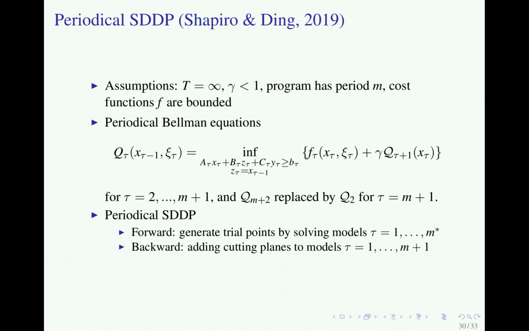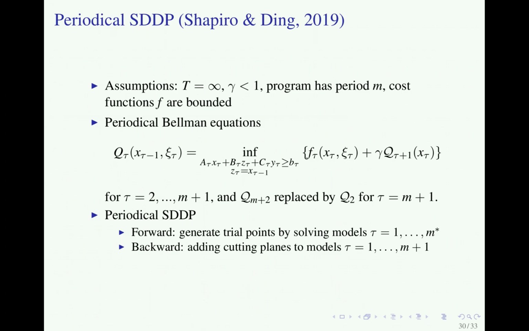For periodical SDDP, we still use the standard four-step procedure to solve the problem. All the steps are almost the same, but the difference is that we can specify different time horizons for the forward step, the backward step, and the evaluation step. Specifically, the time horizon we should look at in the backward step is always n plus 1, which is the period plus 1.